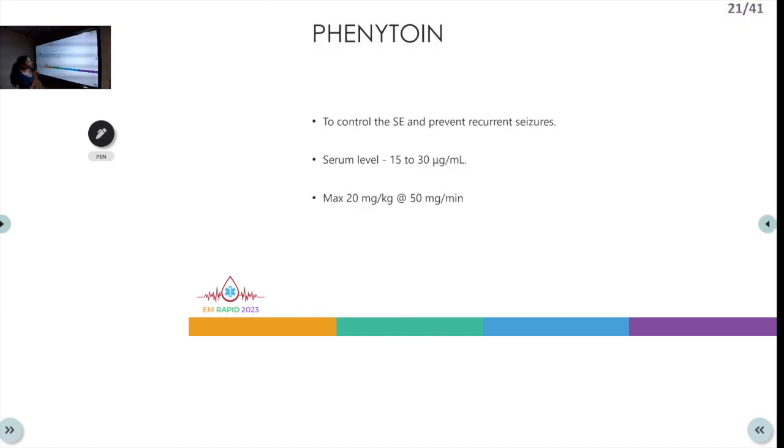The first one we mentioned is phenytoin. Phenytoin is used to control seizure and to prevent recurrent seizures. The serum level is 15 to 30 microgram per ml, and the dose is 20 mg per kg, given at the rate of 50 mg per minute, slow IV.